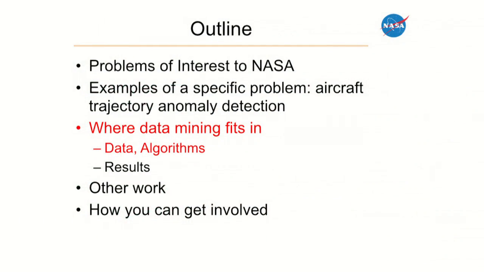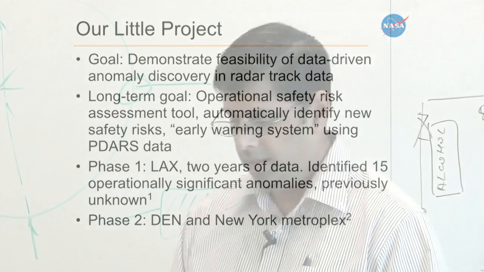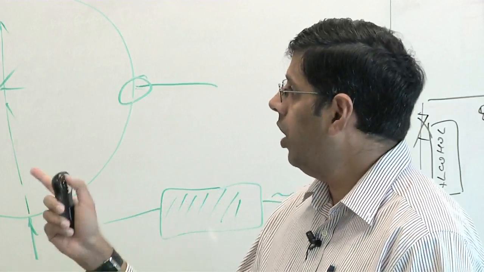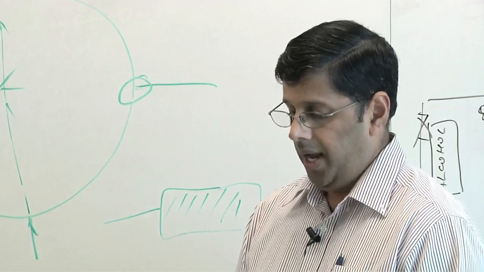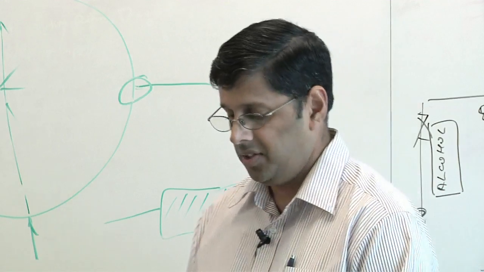So for us, we went into this thinking that our data-driven methods could identify anomalies within radar track data, and so we ended up investigating that in 2 phases. There was one phase that took place in 2012 to 2013, where we looked at 2 years' worth of data involving LAX, primarily looking at landings at LAX.